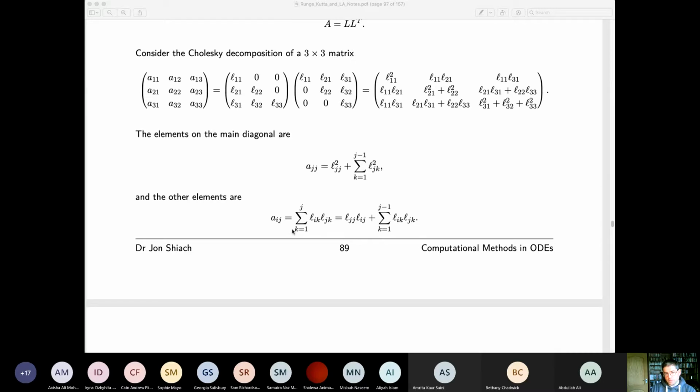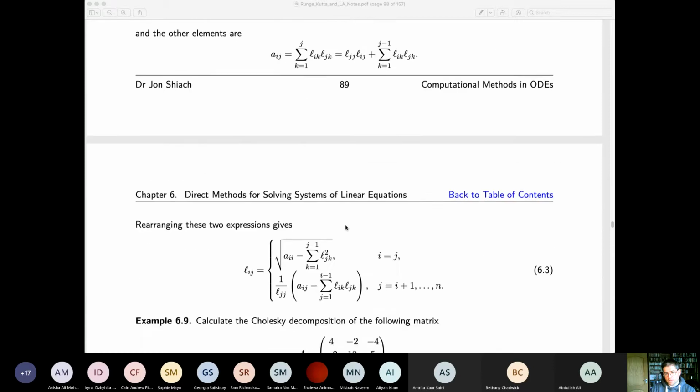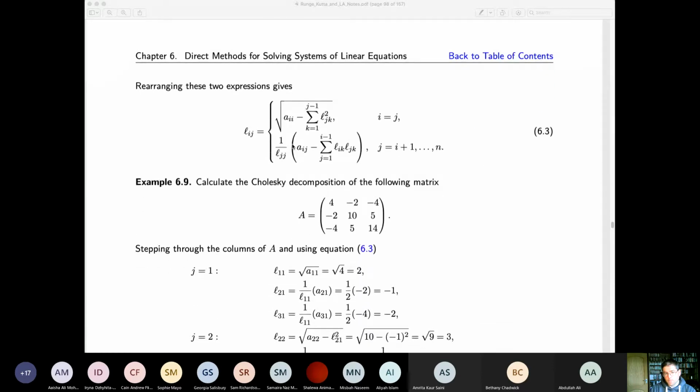We can rearrange these to give us equation 6.3, for calculating an element of our matrix L. If we're on the main diagonal, we have this first case, and for all elements below the main diagonal, we have this case. Cholesky decomposition can be quite tricky.